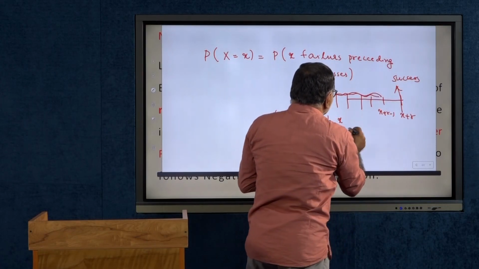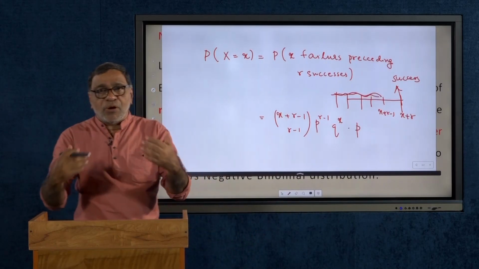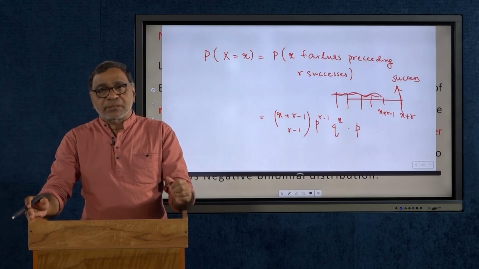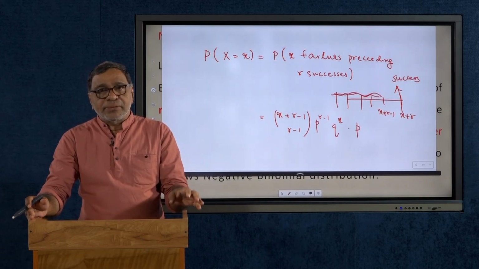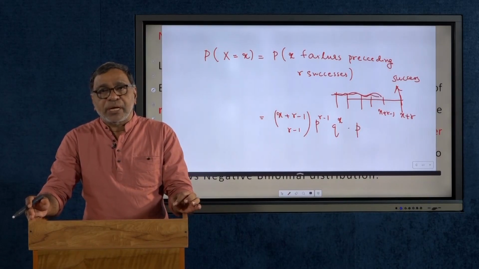So, what is this probability p? Actually, the probability of getting x failures preceding r successes is x plus r minus 1 C r minus 1, p power r minus 1, q power x, into p.